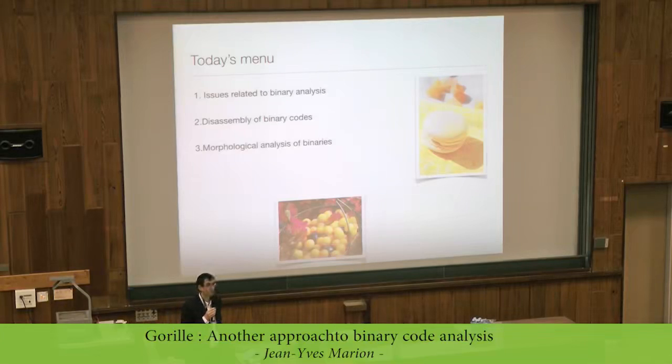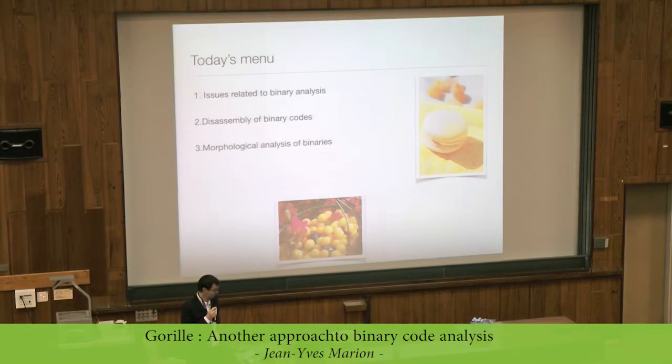First of all, I will talk about what kind of issues we are talking about during this talk. And then I'll talk about disassembly of binary code. Of course, not regular binary code which comes from GCC or the C compiler that you prefer, but which comes from malware writers.